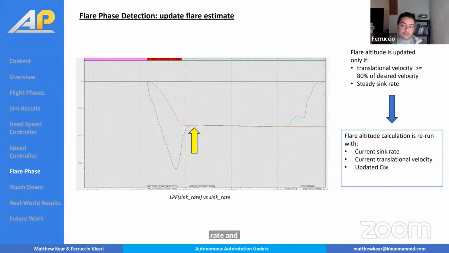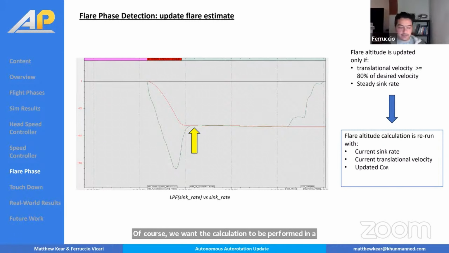Of course, we want the calculation to be performed in a steady state condition in order to be accurate. So there is some logic behind it to make it a safe assumption about the timing of when to perform this calculation. In this case, as I said, we look at the sink rate and having achieved at least 80% of the desired forward speed. Okay, Matt?